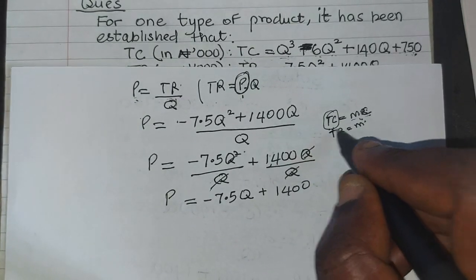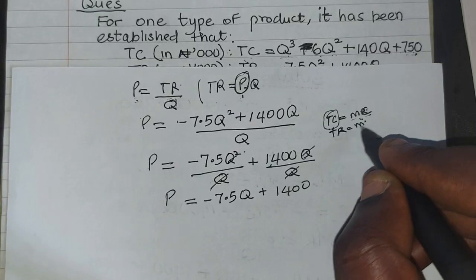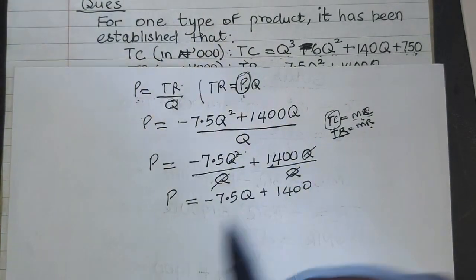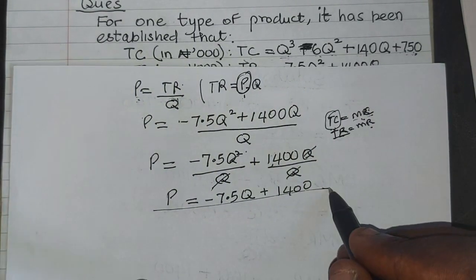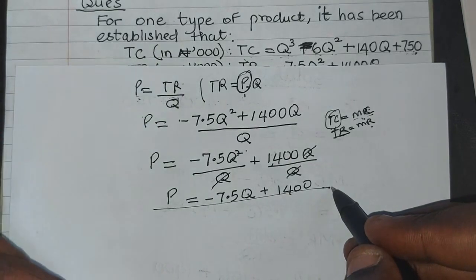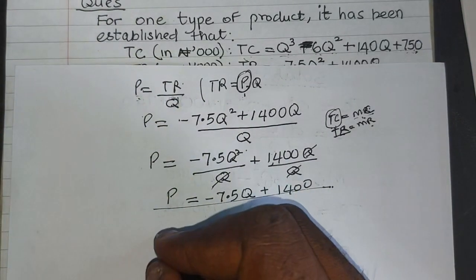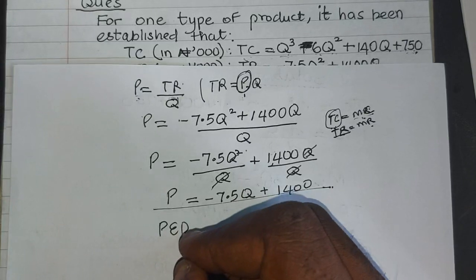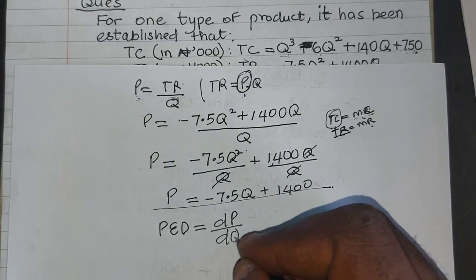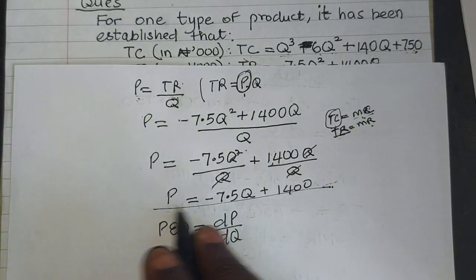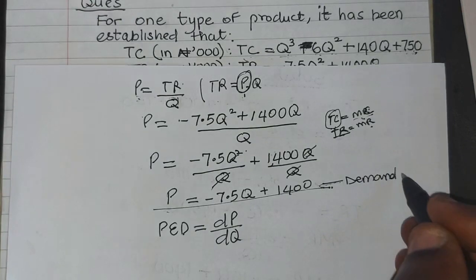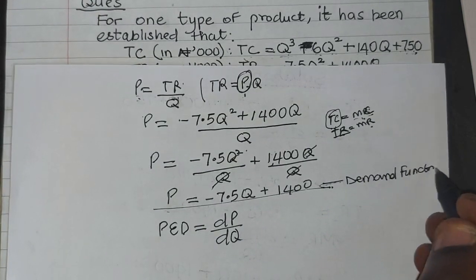The same thing if you are given the demand function and you have to find the elasticity of demand, the price elasticity of demand. What do you do? You differentiate. You are going to differentiate the demand function. So this is the demand function. All right.